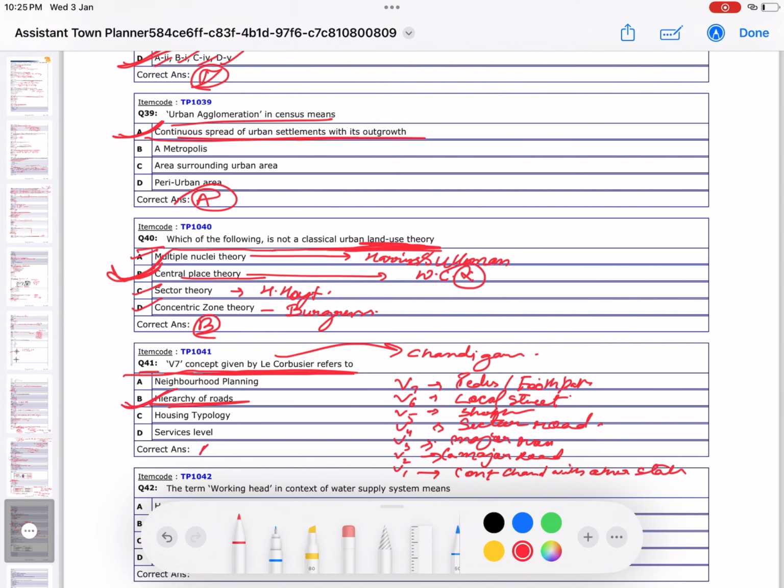So it shows the hierarchy of roads increasing in this order. Okay.